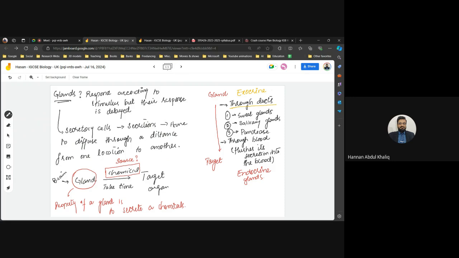Remember, we know a lot of endocrine glands, but in this syllabus, we will talk about some of them. We will talk about the pituitary gland, but not in this chapter. We will be talking about it in the human reproductive system. Then we have the adrenal gland.